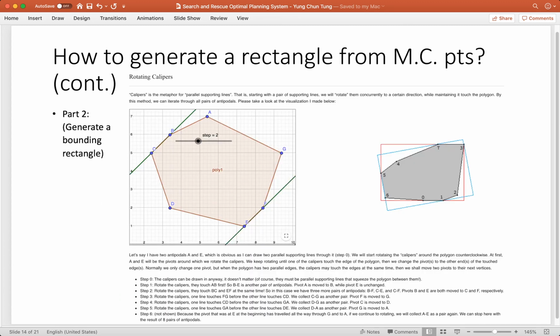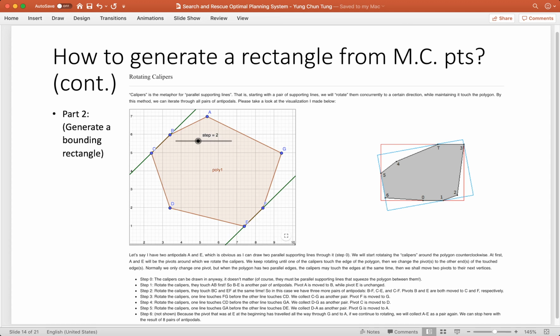Next, after we generate this convex hull, which is something like this, and the points all rest inside it, how can we generate a minimum area rectangle? The generation of the minimum area rectangle is very important, because we need a parallel track search sequence that we can obtain for the planner to optimize.